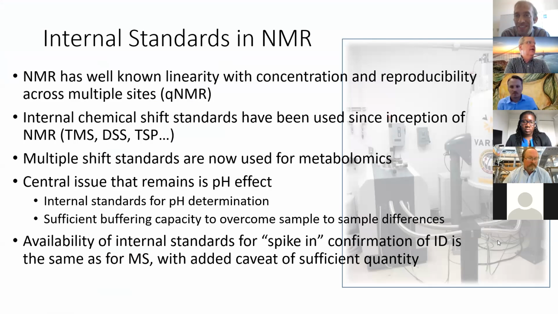The only thing that you really need to do to collect quantitative data is make sure that the time to repeat for your NMR experiment is known and the relaxation times of your compounds is known. If that's the case, then the relative peak areas, once you normalize for the number of hydrogens you're looking at, tells you the concentration in a remarkably accurate way.